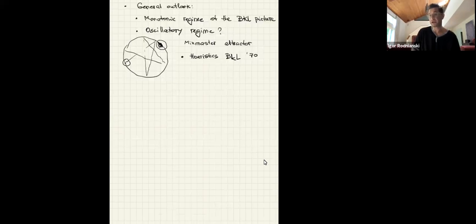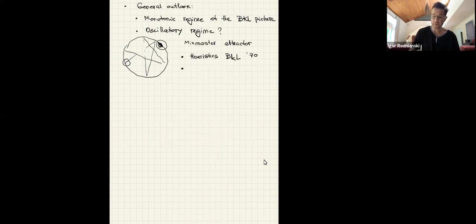So this is a finite dimensional attractor, except that then they made a statement that even though the heuristics are based on homogeneous solutions, in general the same fate should happen to non-homogeneous solutions as well, where, similar to the theorem that I described, this picture will correspond to every point on the circle. So as you evolve, every point on the circle will jump between heteroclinic chains of different orbits connecting different Kasner solutions.